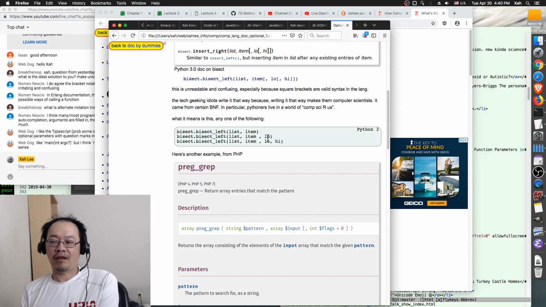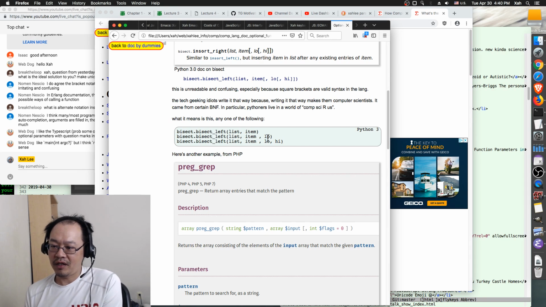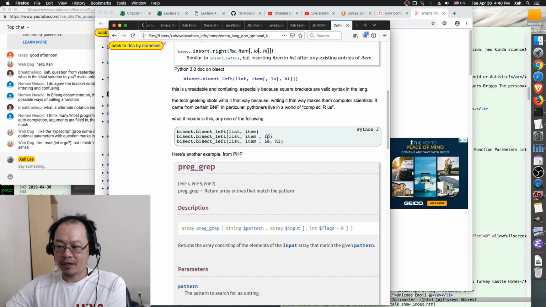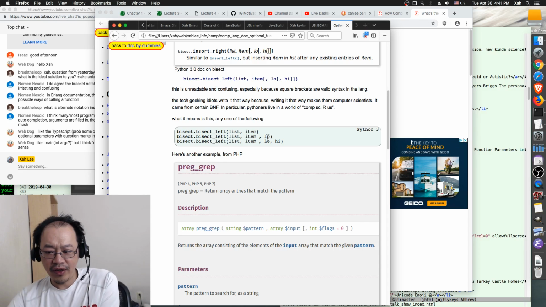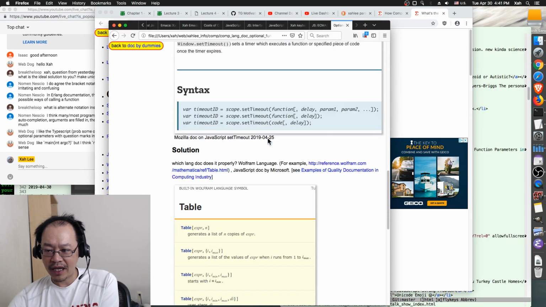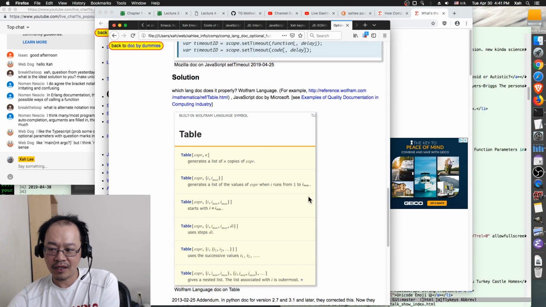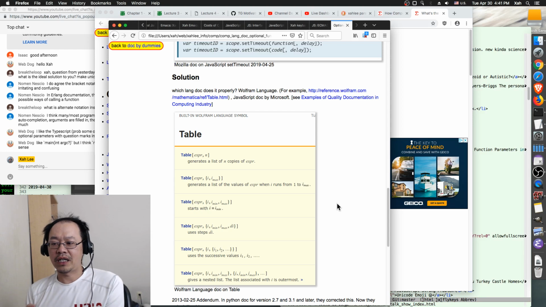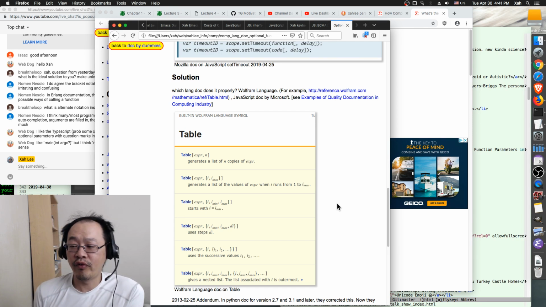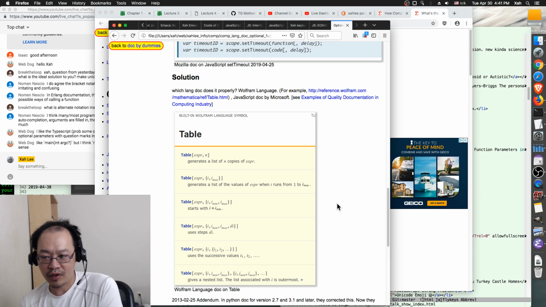So then what is a better notation, a better way when you document a function to indicate optional parameters? I have an opinion on that, and I'll show an example here. This is a good example. This example is from Wolfram Research, on the Wolfram language, also known as Mathematica.